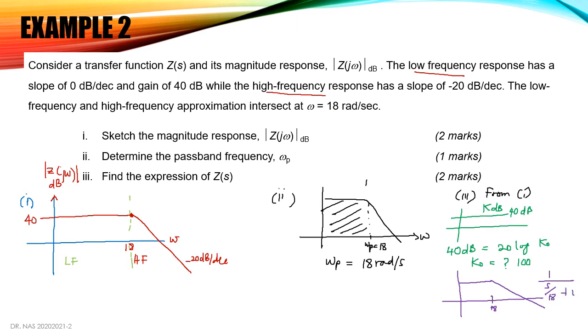So what's Z(s), the transfer function? Z(s) equals the constant multiplied with the component. You have only one pole at 18. So this is the transfer function of Z(s).